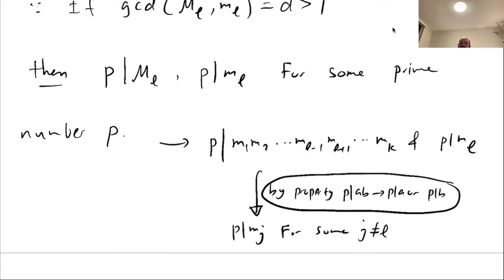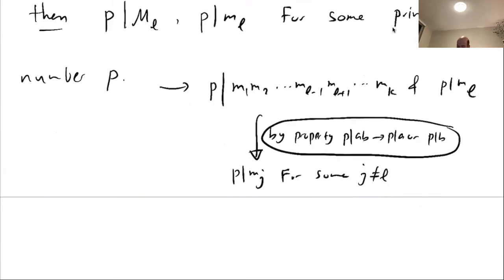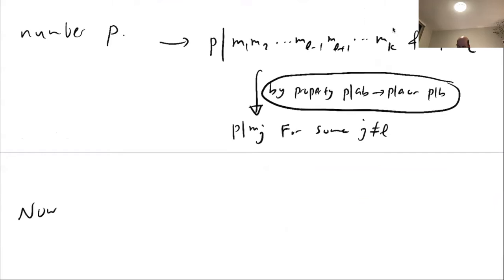So P divides M1 to M(L-1), M(L+1) to MK, the product of these numbers. So it divides at least one of them, which means P divides MJ for some J not equal to L. So now P divides MJ with J not equal to L, and P divides ML, right?